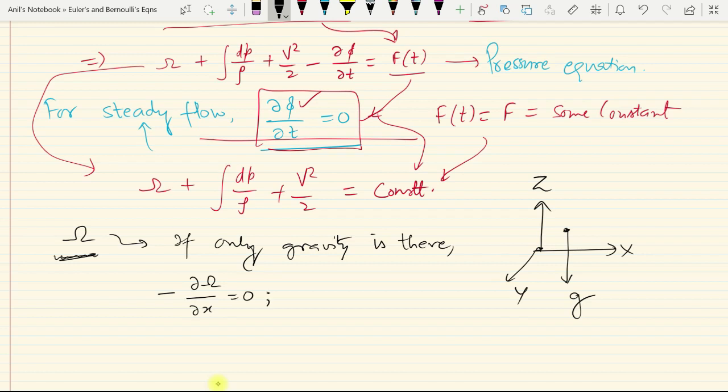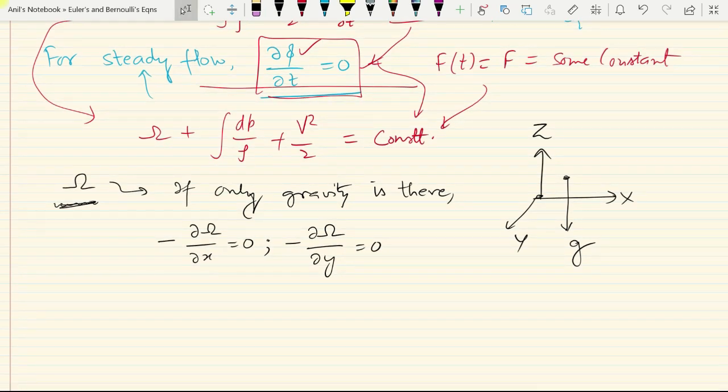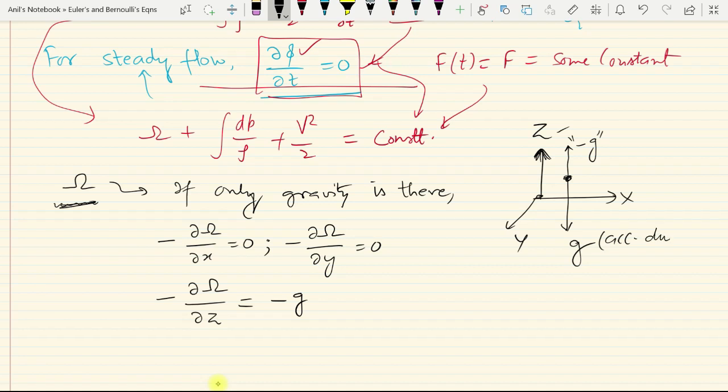Similarly, negative of del omega by del y should also be 0. There is no gravity along x or y direction. But when we differentiate it with respect to z, del omega by del z should give us g. Minus is because the z axis is upward, and this is acceleration due to gravity, which is downward actually, so it has to be negative.